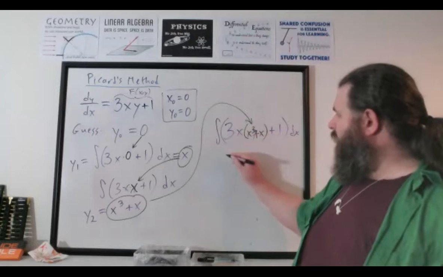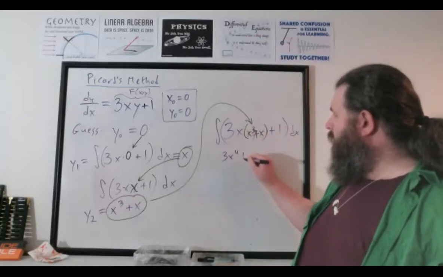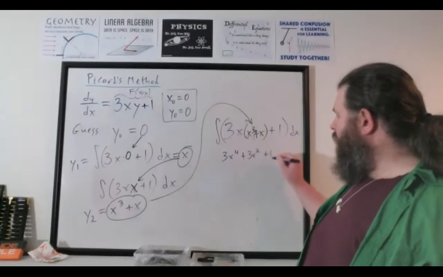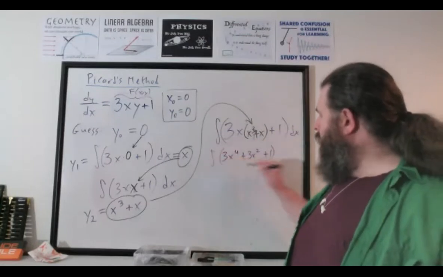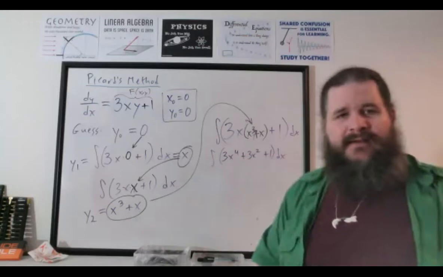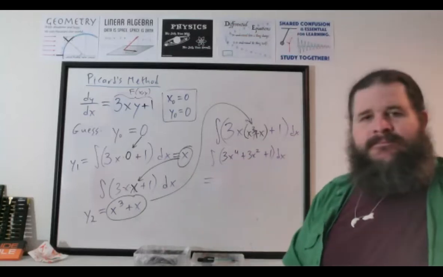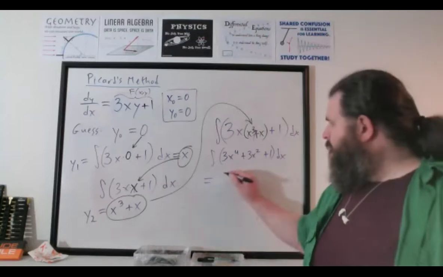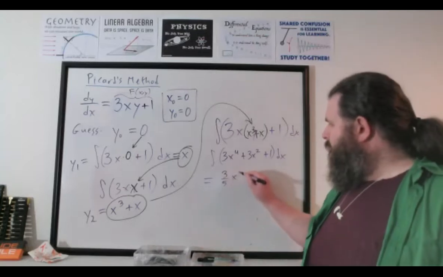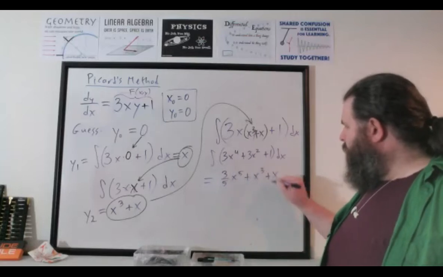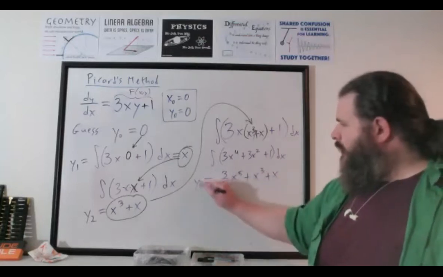So we get 3x times x cubed is 3x to the 4th, 3x times x is 3x squared, and then we also have plus 1. Integrate that with respect to x, and what do you get? 3/5 x to the 5th plus x cubed plus x. Yeah, and that's what we'll call y3.